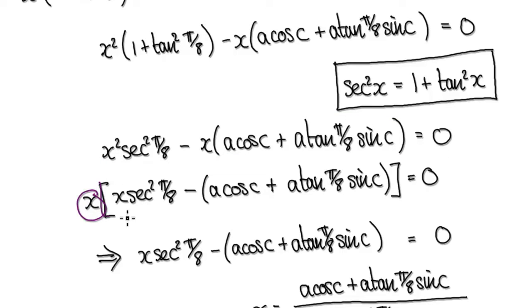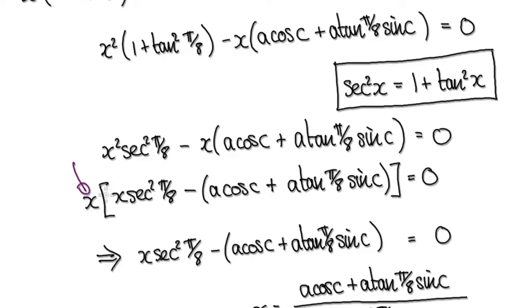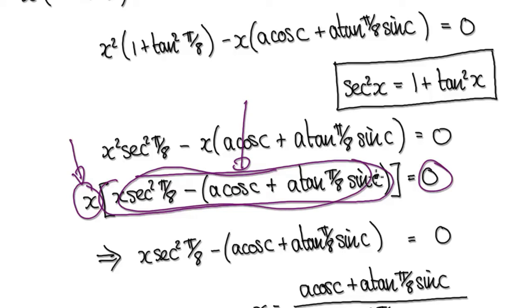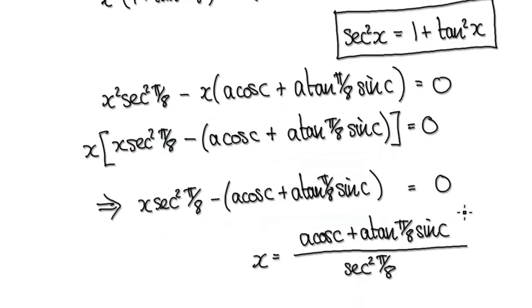That will then give you this thing, and you've got two bubbles multiplying with each other to give you 0. So either make this 0 or make this whole big bubble 0. Let's try and make this whole big bubble 0, so x equals this thing here.